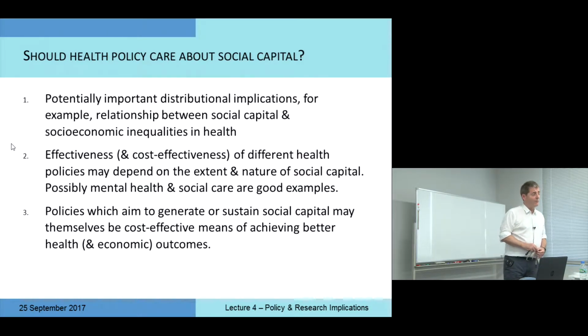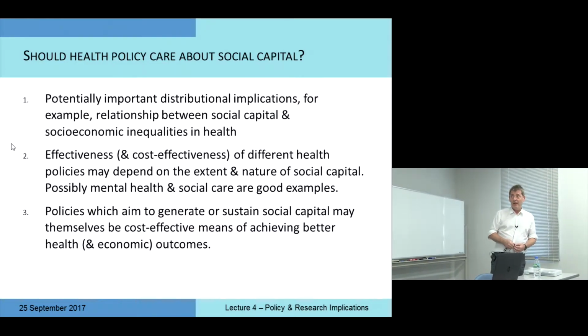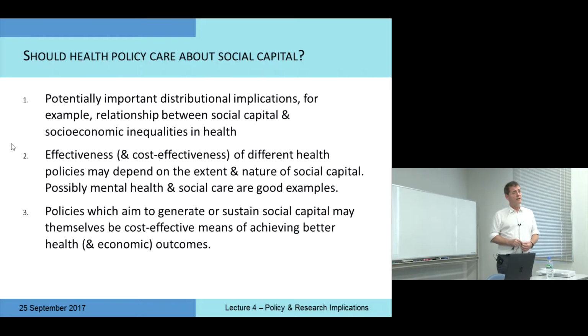I think the second one, and it's a fairly obvious one, is it's quite plausible that the effectiveness and possibly the cost effectiveness of different health policies may depend on the extent and nature of social capital. Some health policies may not be very effective if you don't have enough social capital, for example.